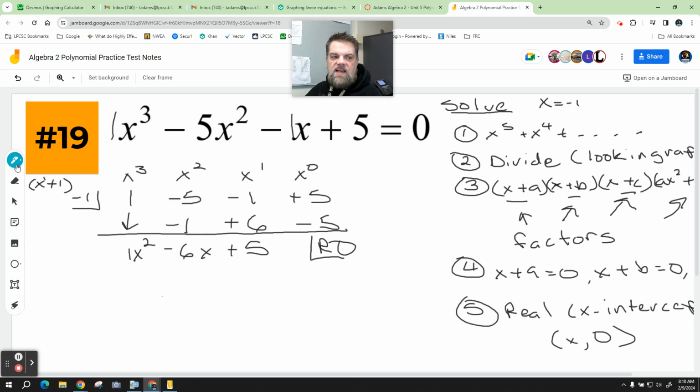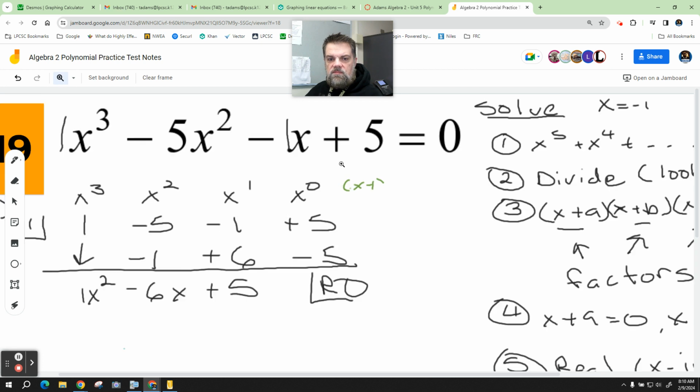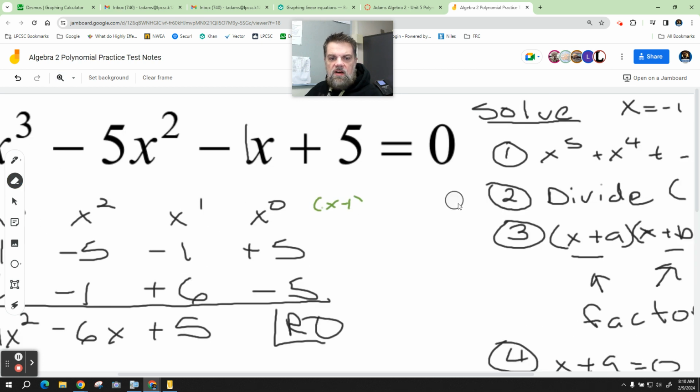So just as a side note, and write this down kind of tiny over to the side, we have just figured out that x plus 1, let me zoom in a little bit, times x squared minus 6x plus 5 gives us this thing right here.